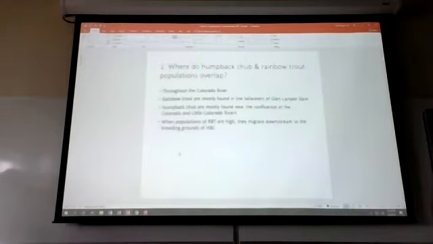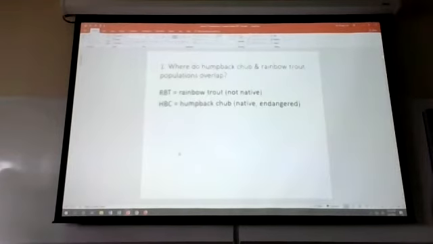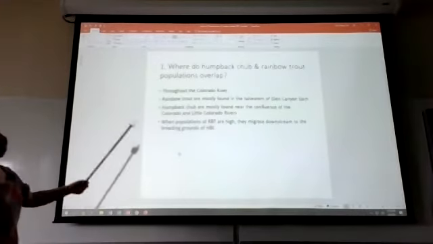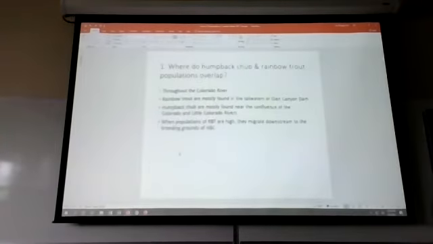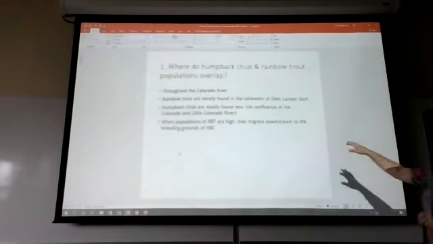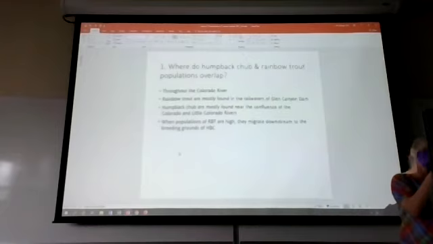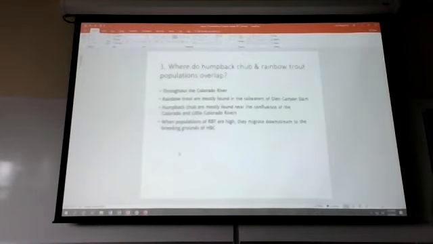All right, so where do we find these guys? Oh, here we go. So they're in the Colorado River, right? Mostly rainbow trout are between 110 and the tail, and then the humpback chub are mostly near where the Colorado River, Colorado.